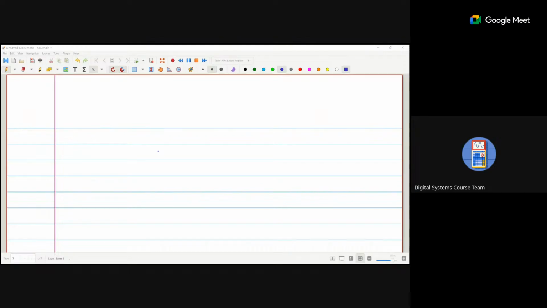So, for example, we have 3000 input lines. Now we have select lines. So how do we calculate the select lines? Basically the select lines equal log 2 of input lines.